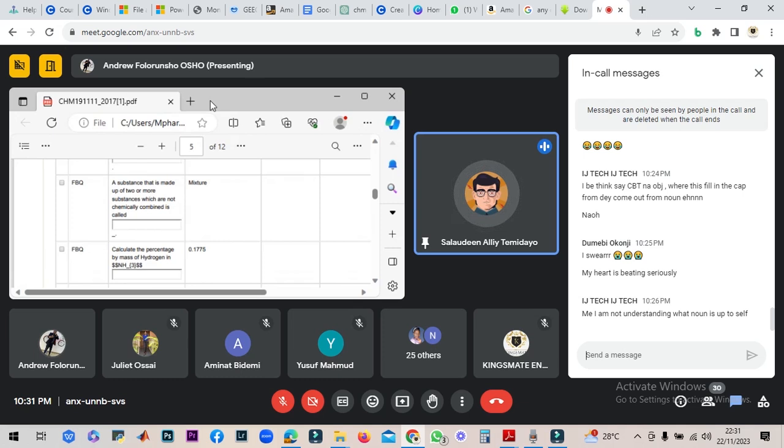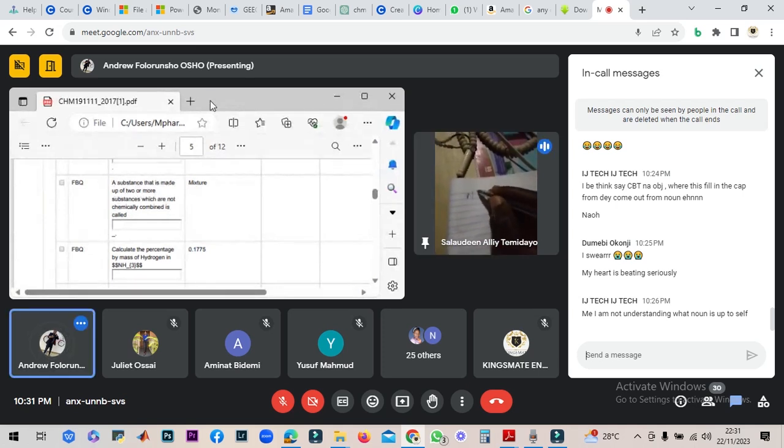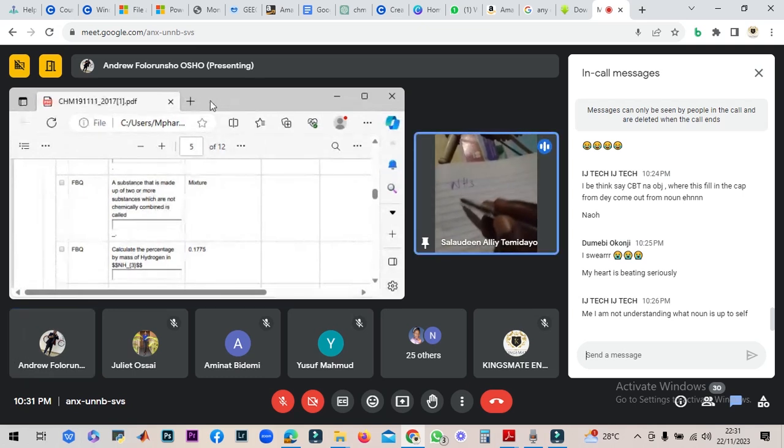So now calculate the percentage by mass of hydrogen in this thing. I'm going to explain this too. This thing is NH3, ammonia. The percentage by mass of hydrogen in ammonia. Ammonia is NH3. Percentage by mass of hydrogen is the amount of hydrogen inside this thing over the amount of the whole thing multiplied by 100.